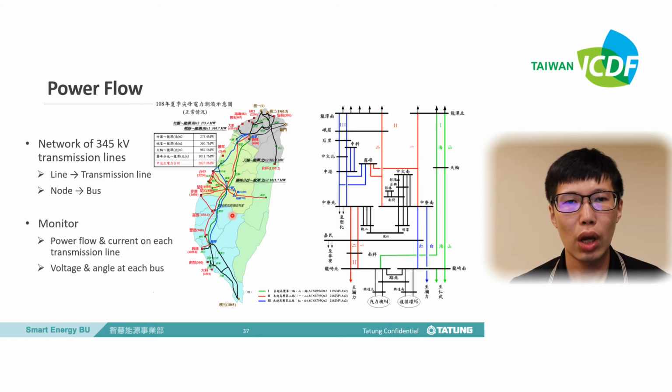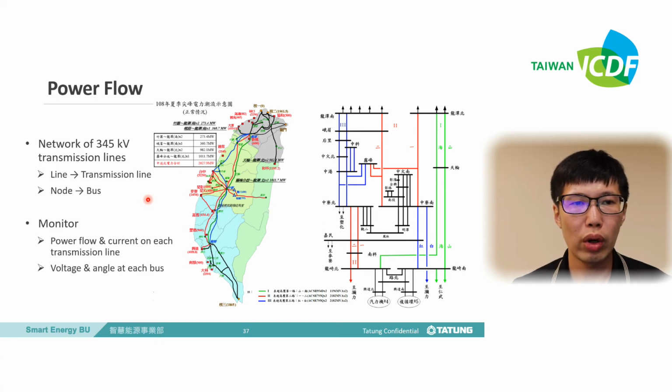And this is the power flow of the system, and the operator will monitor the power flow and current on each power transmission line and the voltage and angle at each bus. These lines are transmission lines, and these nodes are the buses of the substation or the power system.